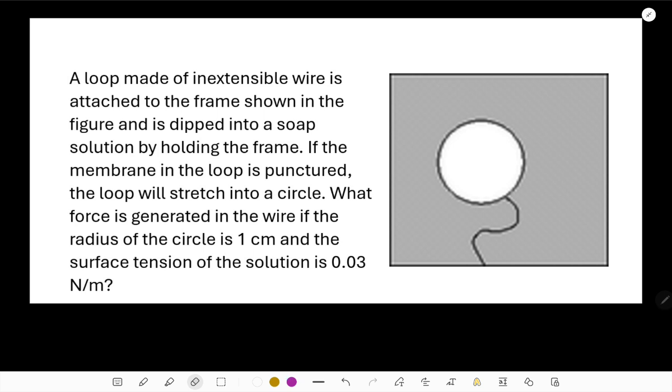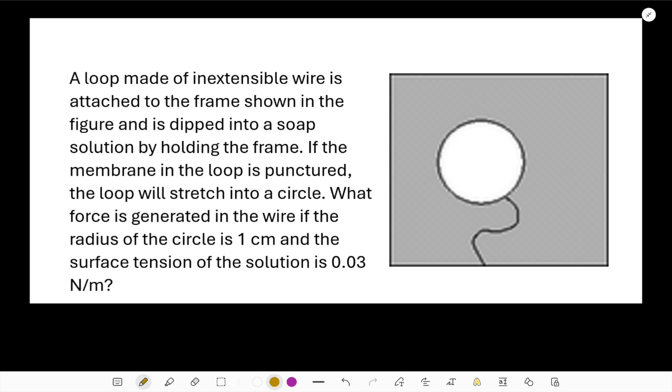Everything is normal. So we dipped a wire loop into a soap solution, and if the membrane in the loop is punctured, try with a needle, the loop will stretch into a circle.